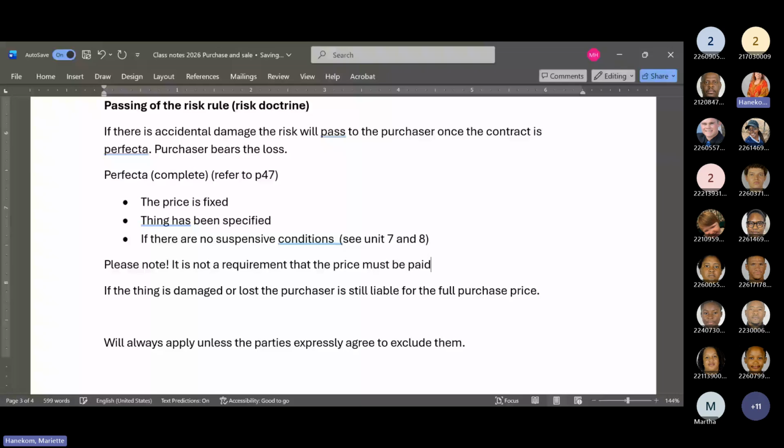I'm pointing this out because this is a mistake that students make quite often, that they will say that in order for the contract to be perfected, the price must have been paid. That is, the price being paid is not a requirement for the contract to be perfecta. There must just be an agreement about the amount of the price.